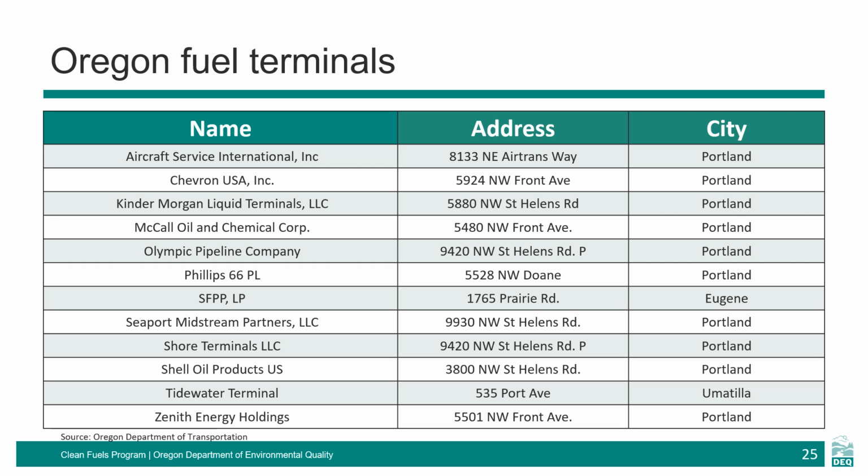This slide lists all of the fuel terminals in Oregon as determined by the Oregon Department of Transportation, which play a crucial role in the state's fuel distribution system. This list can be used to determine if the location where fuel is being delivered falls within the bulk system.